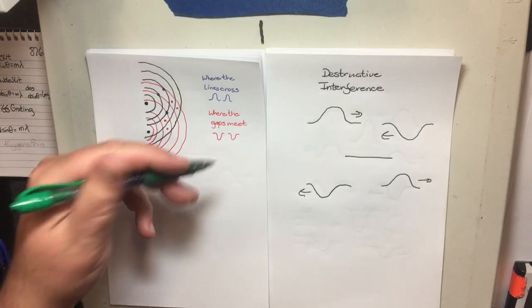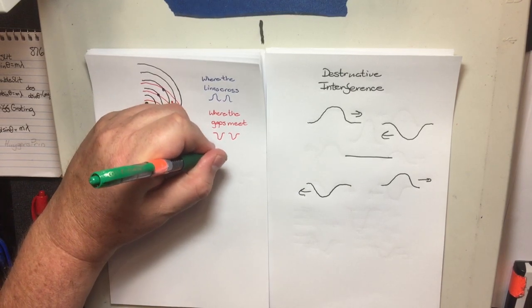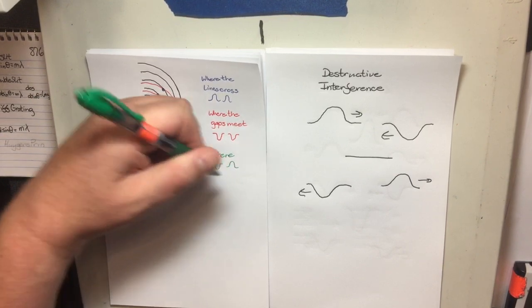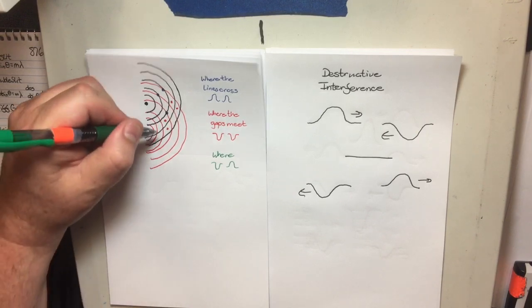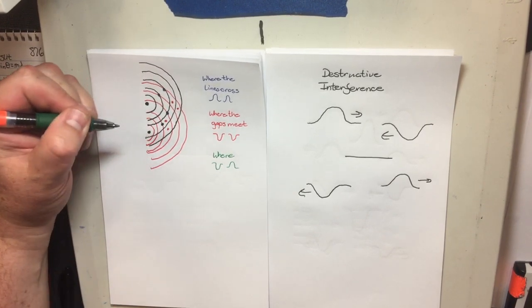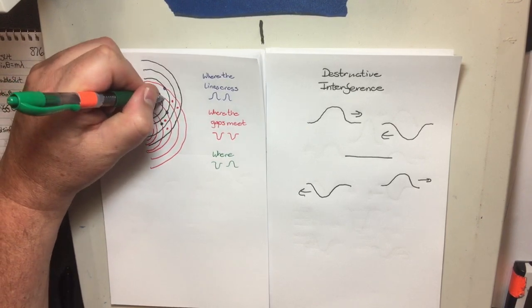In green is where a trough meets a peak. So it's on a line of one and in the gap of another.